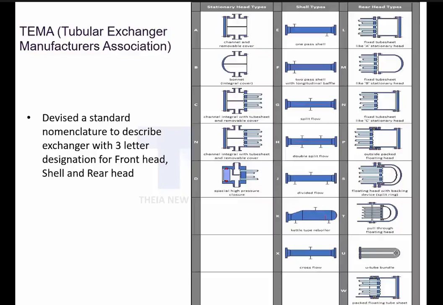Simple. Then if the last letter is U, it is called a U-tube exchanger, as I said. There are three types: the first is fixed, and this is U.